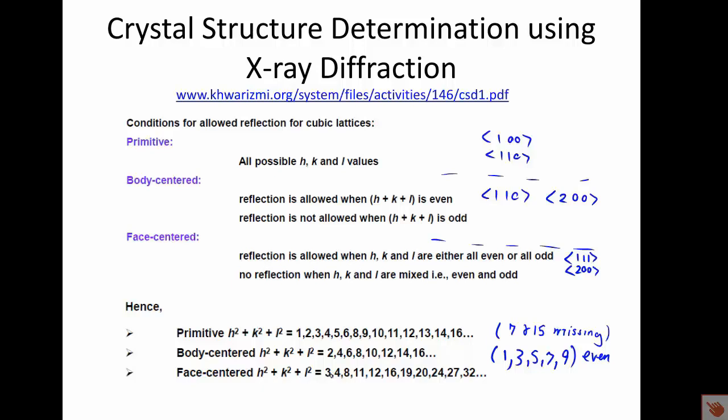There is no 1 and 2. Okay. So just to clarify, this is the missing list for the previous case, body-centered cubic.